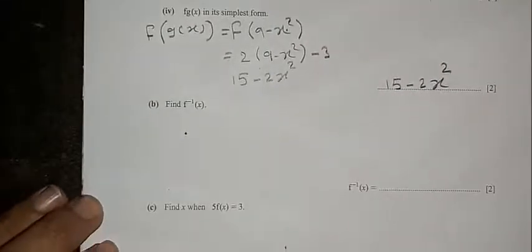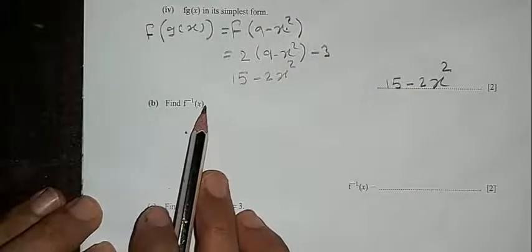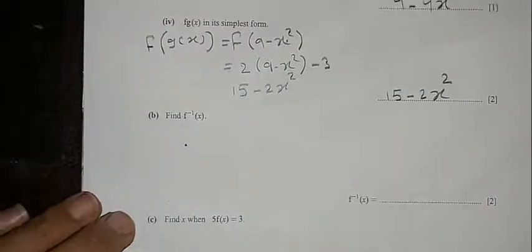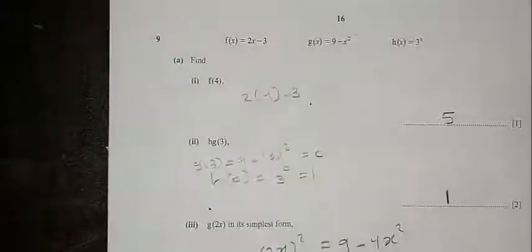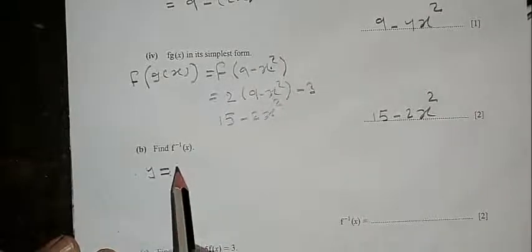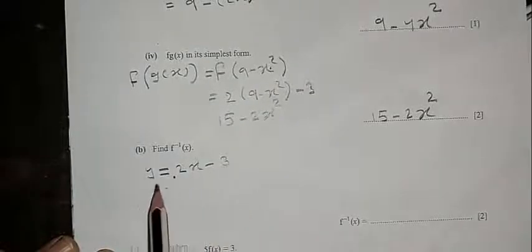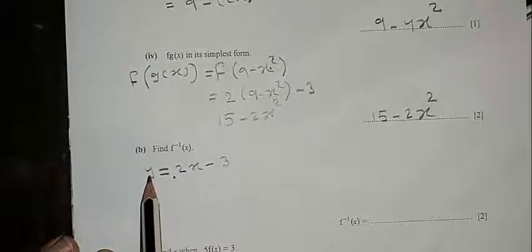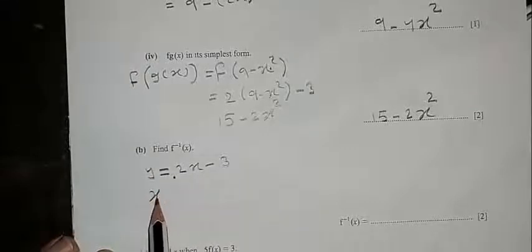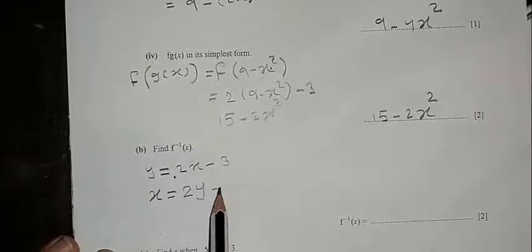In the next part, find f inverse of x, the inverse function. Okay, it's easy. The function f(x) here is 2x minus 3, so we write it as y equals 2x minus 3. After that we swap x and y, so x equals 2y minus 3.